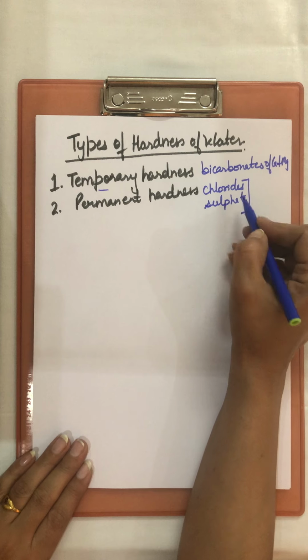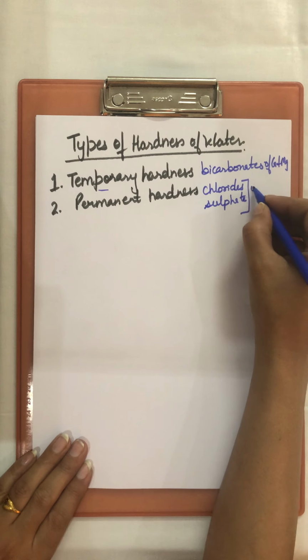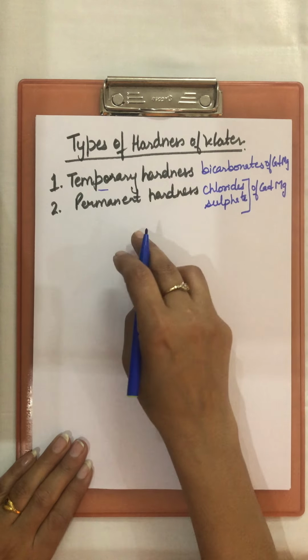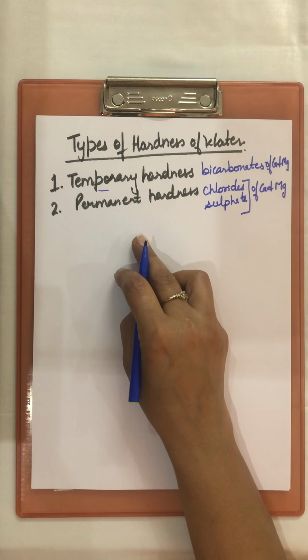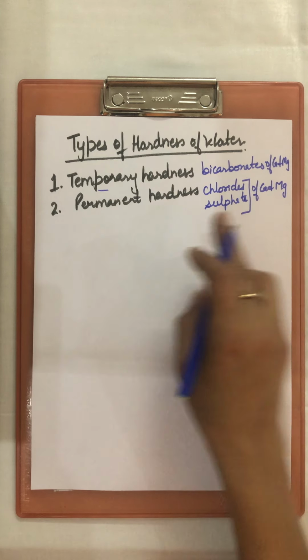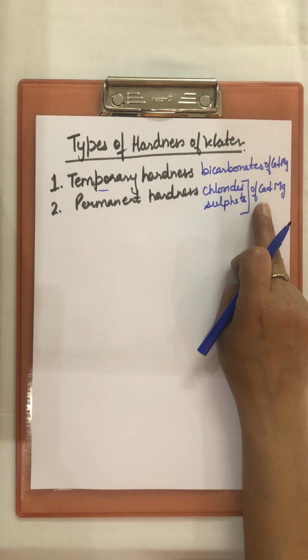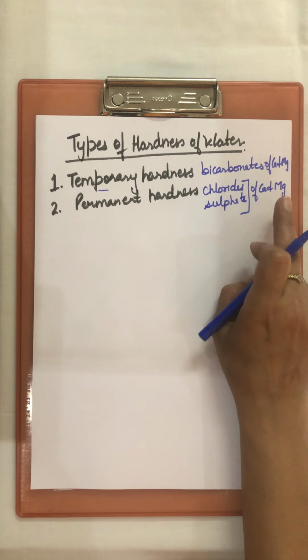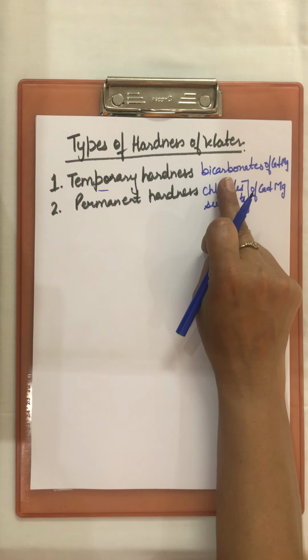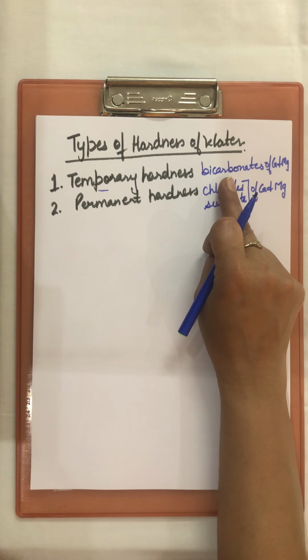But if there are chlorides and sulfates of calcium and magnesium, that water is permanently hard water. It is difficult to remove the permanent hardness, to remove calcium chloride, calcium sulfate, magnesium chloride and magnesium sulfate. It is easy to remove the calcium bicarbonate and magnesium bicarbonate.